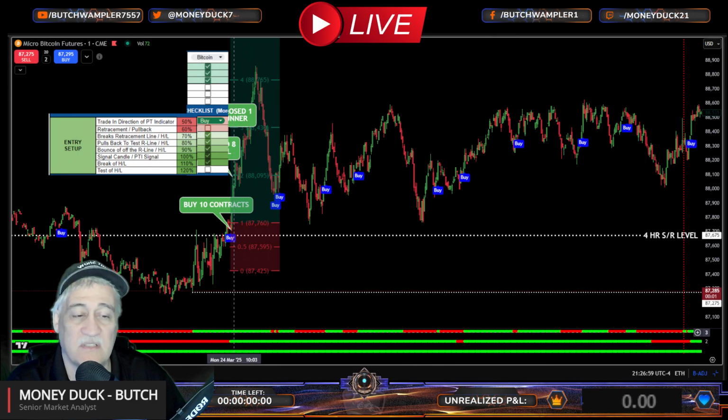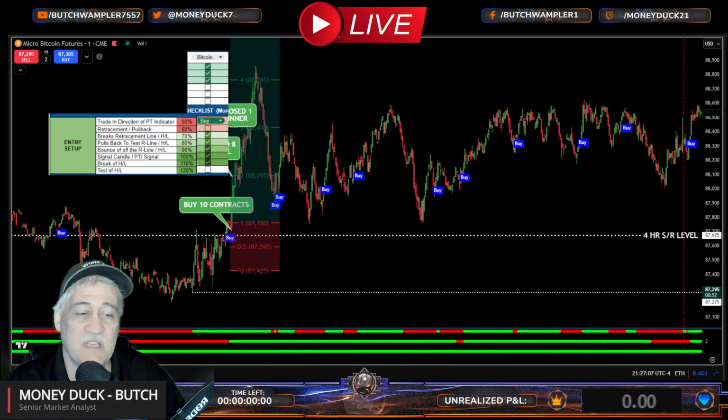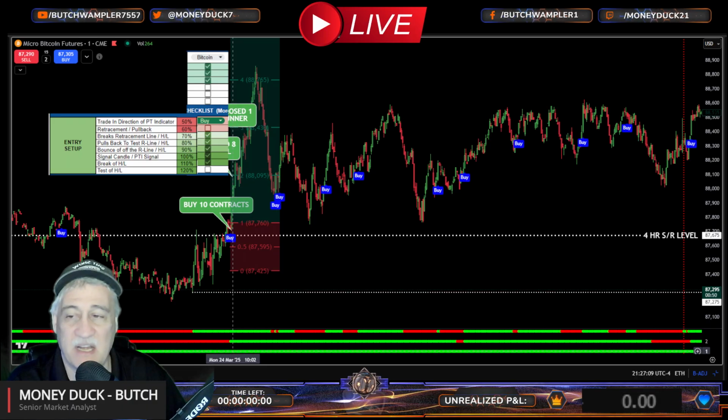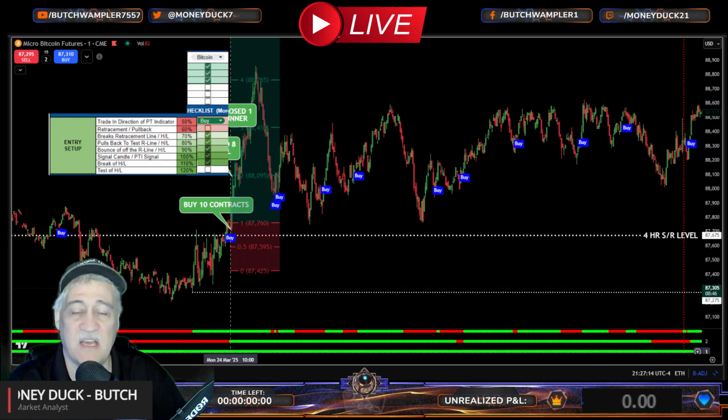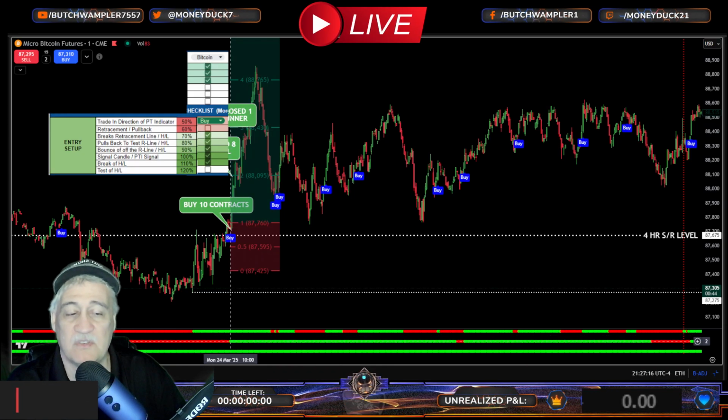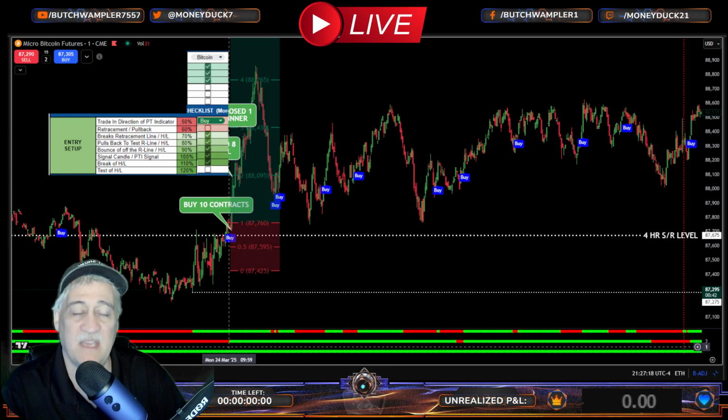The upper bar looks at the 15-minute time frame, the middle bar the 60-minute, and the bottom bar the 240 or 4-hour time frame. So the reason why we want to trade with those higher time frames is we want to trade in the direction of the higher time frames, because those are where the big players play and the decisions are made, and we're down on the smaller charts to take our trades.